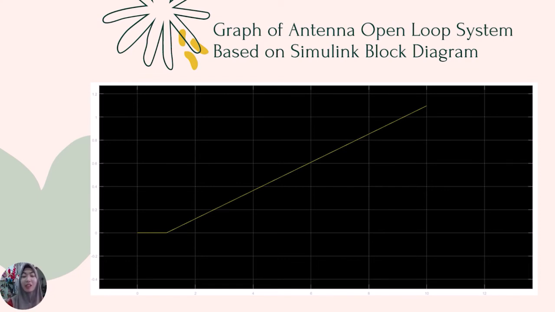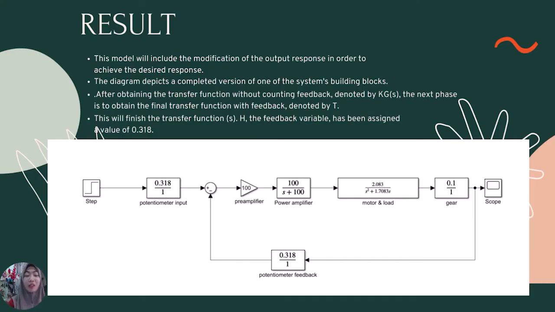Okay, then moving on. This is the closed loop system. This model will include the modification of the output response in order to achieve the desired response.